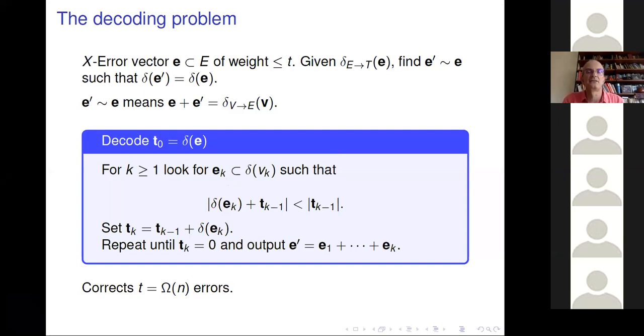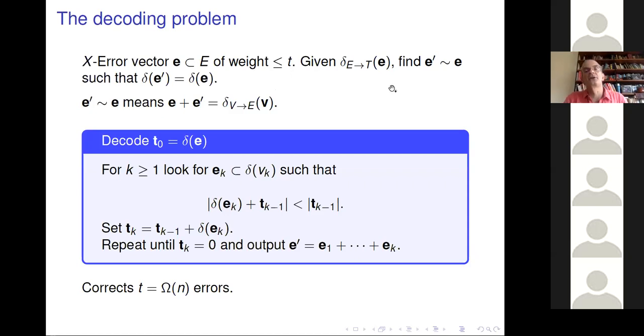So there's an x error vector that we can think of as a binary vector or a set of edges in our graph. You have to suppose that its weight is smaller than something, and what a quantum measurement gives you is a syndrome, which is exactly the same thing as a co-boundary, an edge to triangle co-boundary.